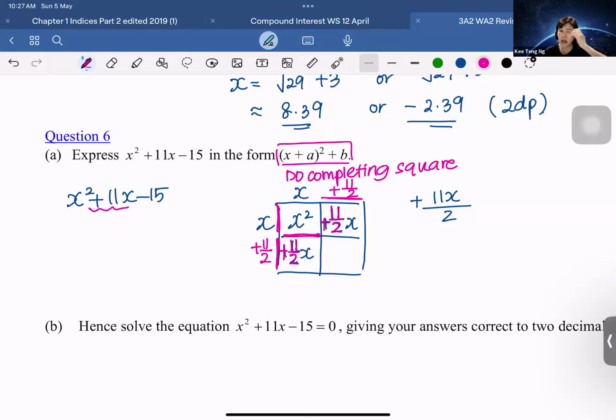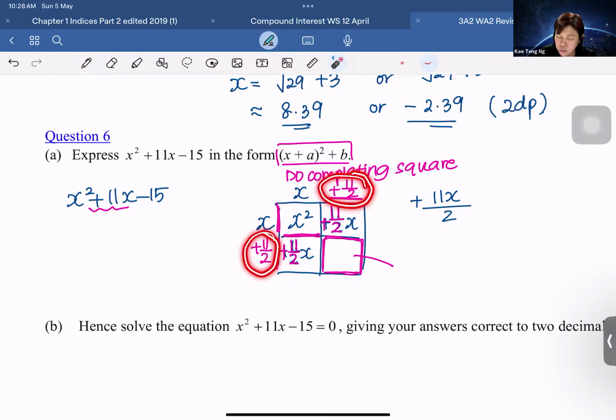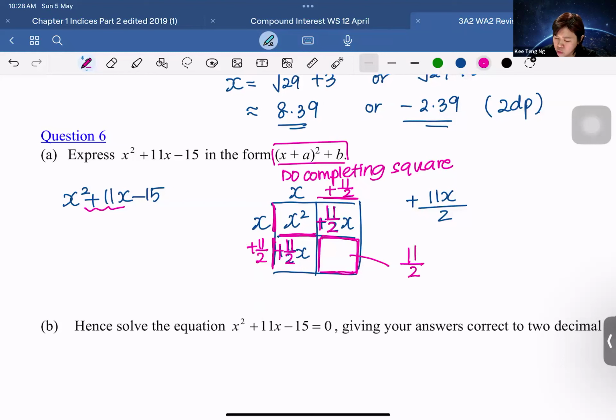So in this case, we have our completed square, but the completed square form will need this square over here. I need to know this number. We get it by taking positive 11 over 2 times positive 11 over 2. Not a nice number, doesn't matter. Just keep it as a fraction.